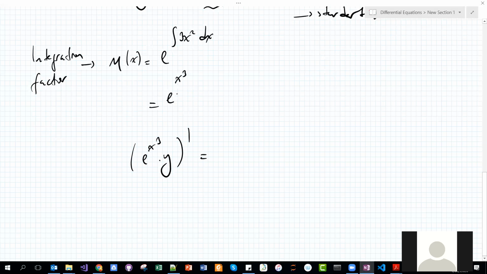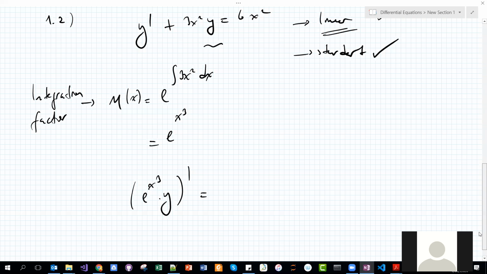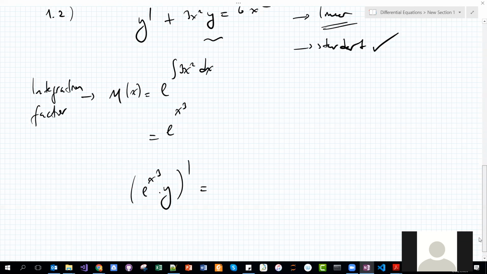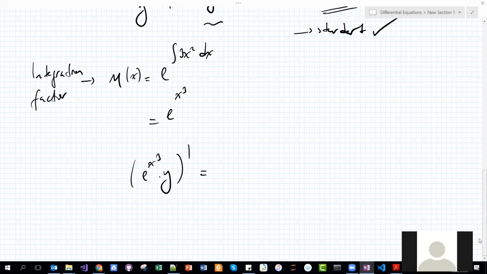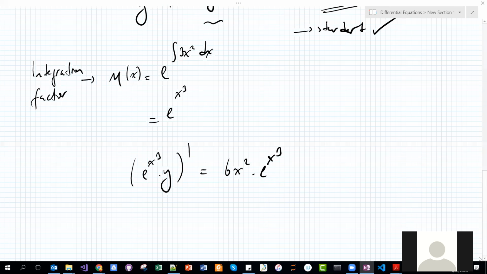After having this mu, if I multiply the left-hand side of my differential equation, it is guaranteed I'm going to have this term. I hope you remember that one. But of course, I'm going to multiply e to the x cubed by the right-hand side as well. Now, it is time to integrate both sides.